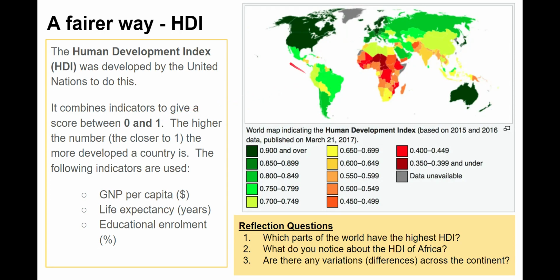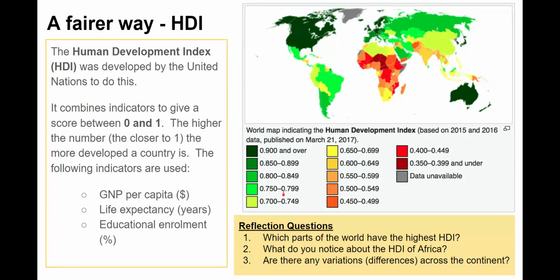If you have a look at this map over on the right-hand side of the page, you will see it shows the Human Development Index, or the HDI, of all of the different countries around the world. My darkest green colours have a figure of 0.9 or over, so are really high numbers, closer to 1, therefore more developed.